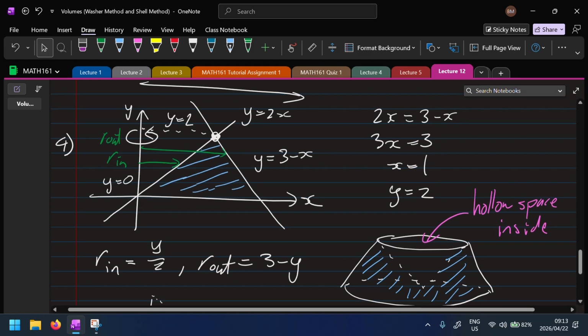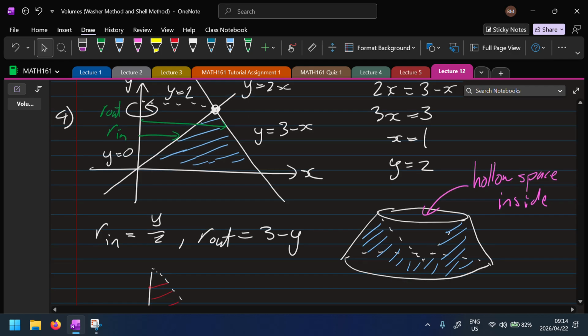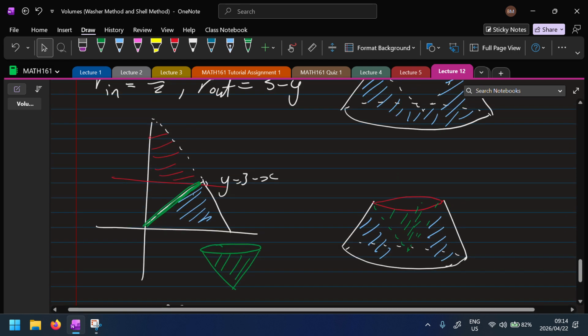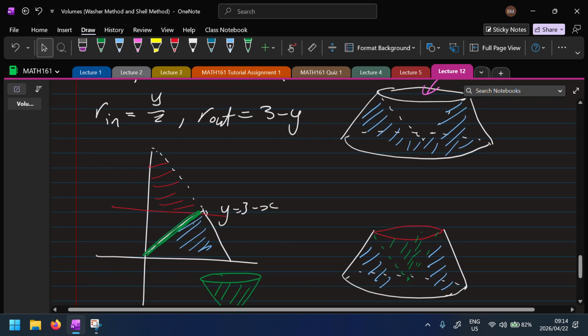Okay. So let's set up the integral now. So the outer radius is 3 minus y, the inner radius y over 2, and we're going from 0 to 2. So the volume, that's going to be pi, we can take out, integral from 0 to 2. Outer radius, over there, 3 minus y.